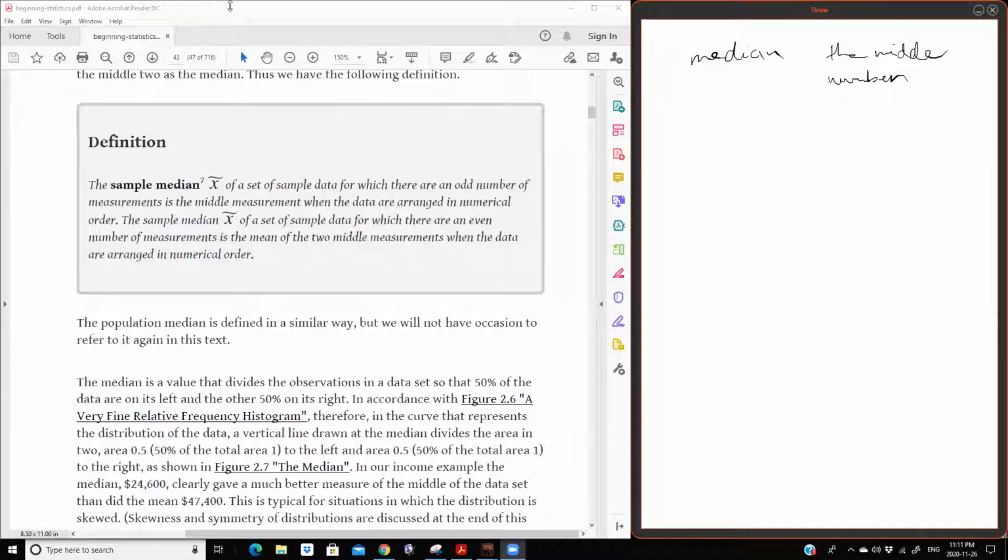For the sample median, we use x tilde. And this is how you calculate the median. You're going to either have n is odd, for example, n could be 7, or n is even, for example, n could be 6.